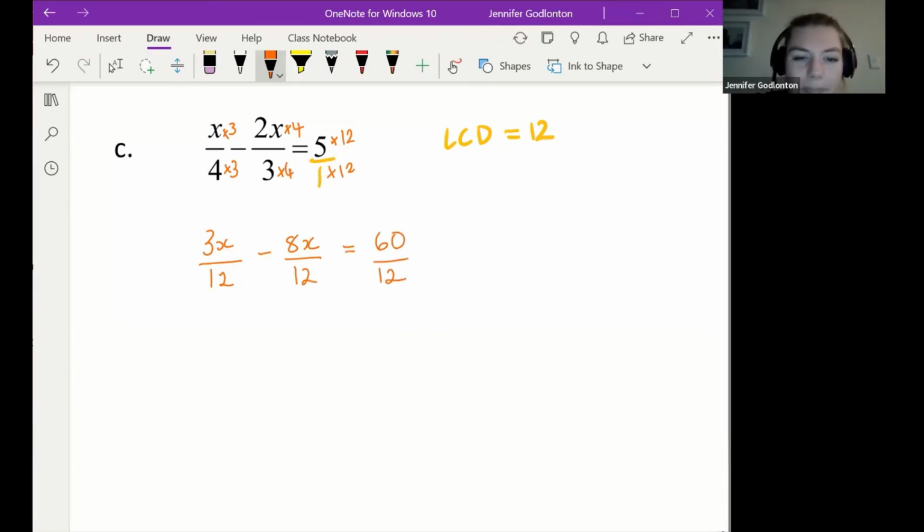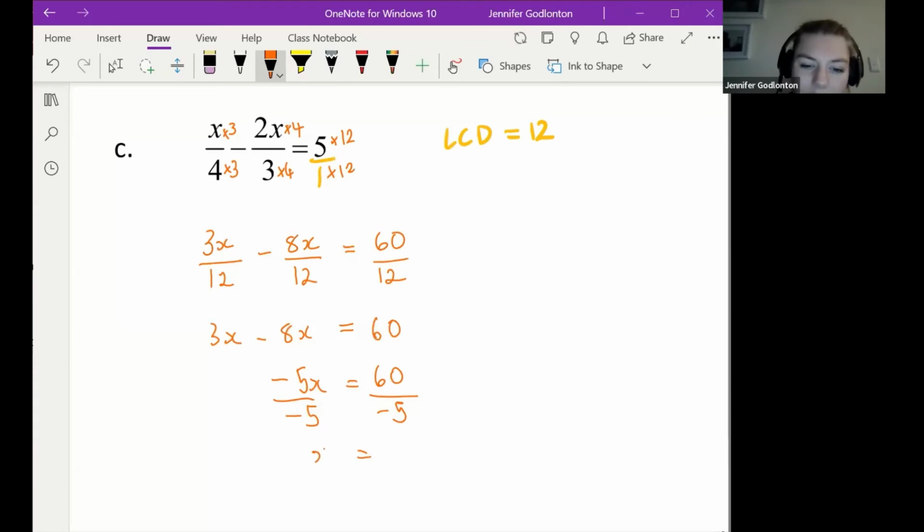Then I said 3x minus 8x equals, then 3x minus 8x is negative 5x, equals 60. Then divide negative 5x on both sides, which is when x equals negative 12.